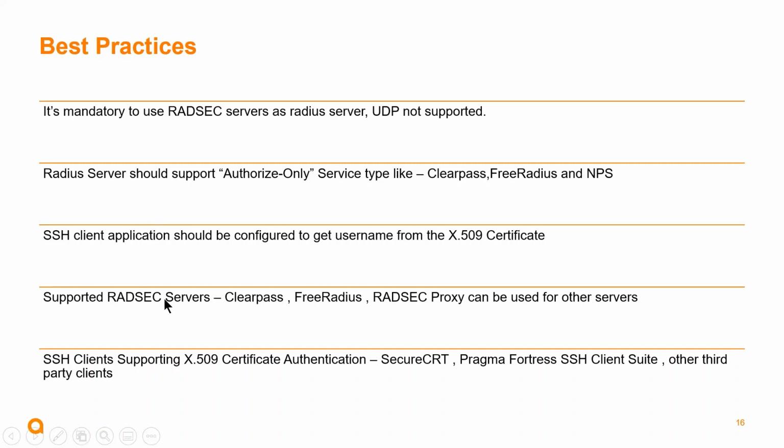With respect to RadSec servers, these are the currently supported ones: ClearPass and FreeRADIUS. If the radius server does not support RadSec, we can also use a RadSec proxy in between the switch and the radius server. That can act as a radius server and proxy all the requests on behalf of the actual radius server.